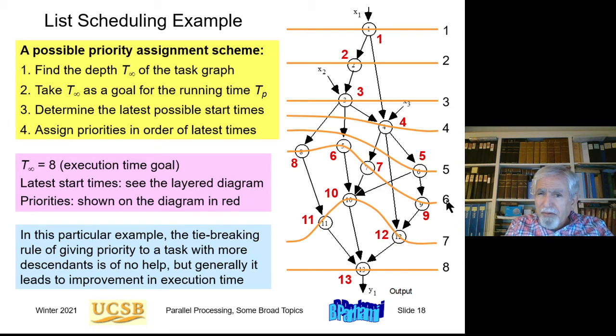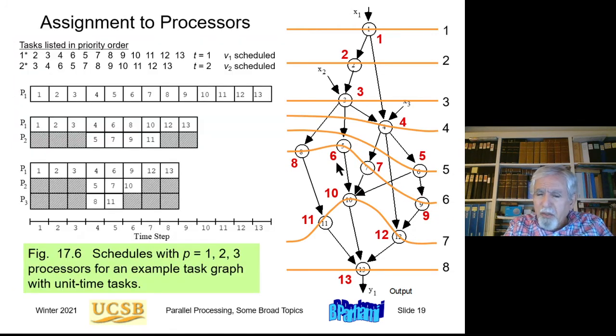Now, when you get to level 6, there are 4 tasks there, and we have to use a tie-breaking rule to assign priorities. So up to priority 5 was determined. So priority 6, 7, 8, and 9 must be assigned to these 4 tasks. We can do an arbitrary assignment, or we can use a secondary criterion for this. So for example, if a task has more descendants than other tasks, maybe we can give it a higher priority.